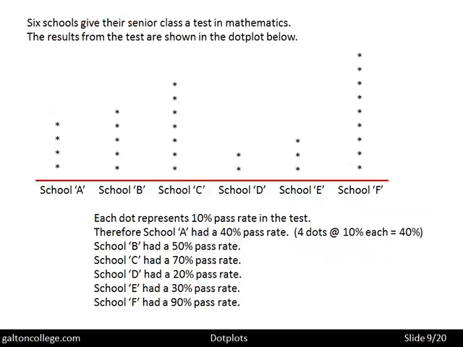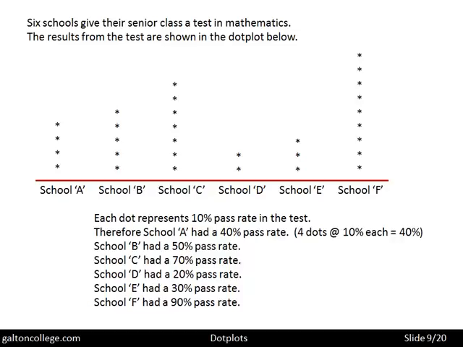Consider 6 schools here, A, B, C, D, E and F. And let's say the top class in the school is given a test in mathematics. Now the results of the tests are represented using dots. So each dot represents, let's say, a 10% pass rate in the test. So school A has got 4 dots, so it's got 40%.